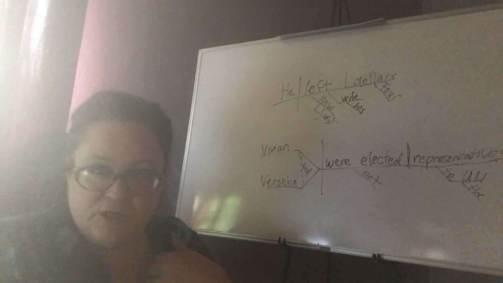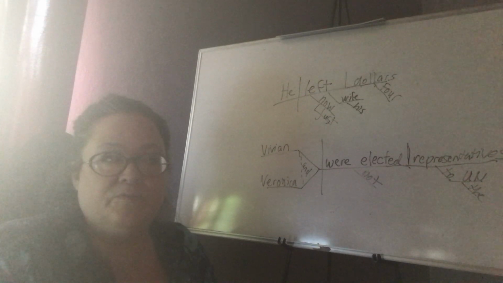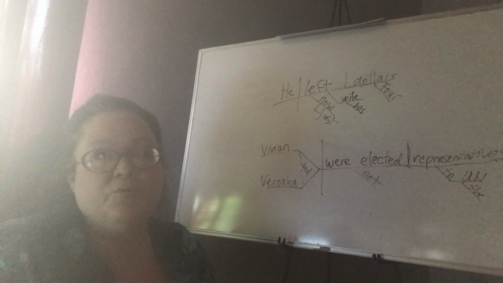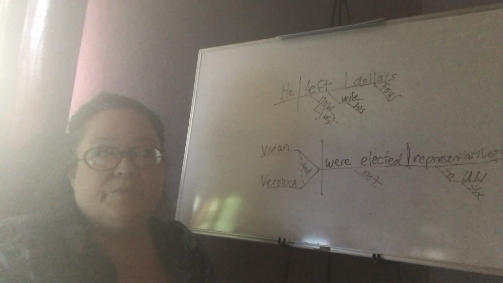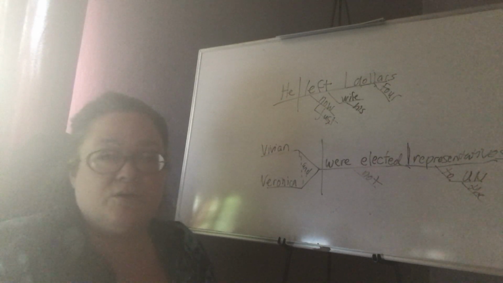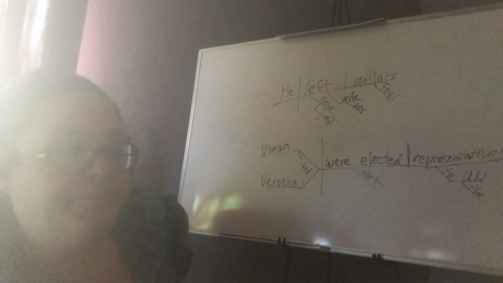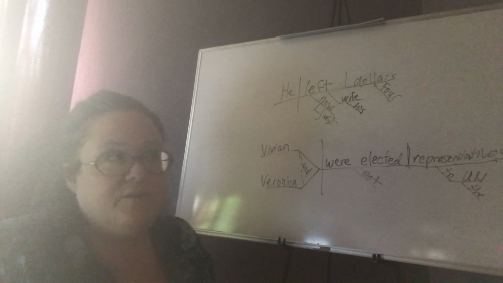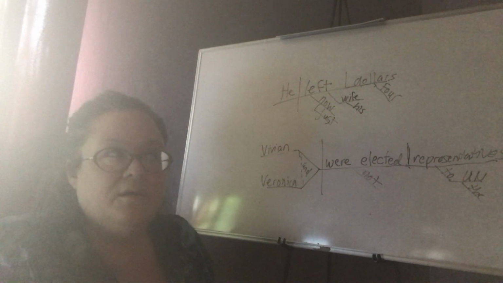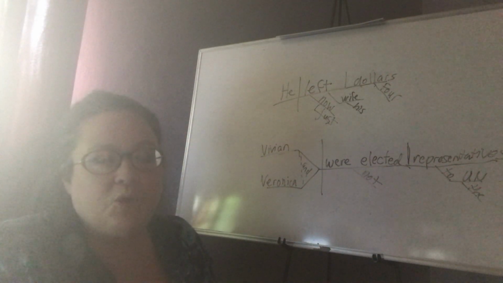Then we went into subject-verb agreement. The best way to show subject-verb agreement is with a simple present tense verb. Remember that present tense verbs talk about something that normally happens or regularly happens. Okay, and remember that in English, in most cases, really in every case except for the verb to be, you have only a different form for third person singular.